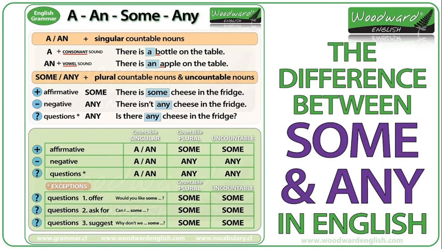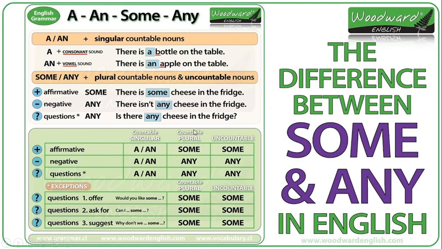So what is the difference between some and any? Some we use in positive sentences and any we are using in negative sentences and questions. So remember, some is for countable plural nouns, and uncountable also we can use, but for plural nouns we are using some.